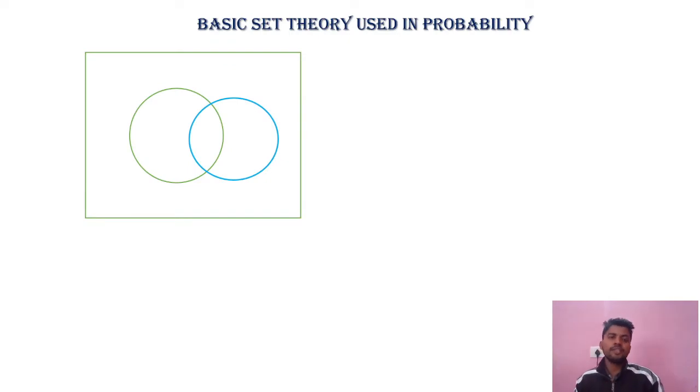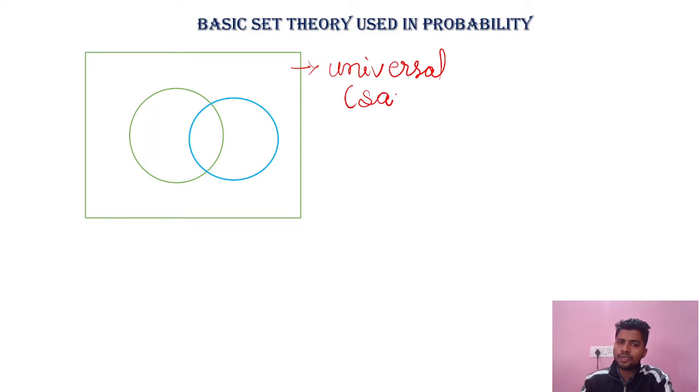So first we will see basic set theory used in probability. As we know, in set theory this rectangle represents the universal set, and in probability it denotes the sample space. These circles are denoting sets, so here they denote some event A and event B. What we have to see here is what A intersection B is.